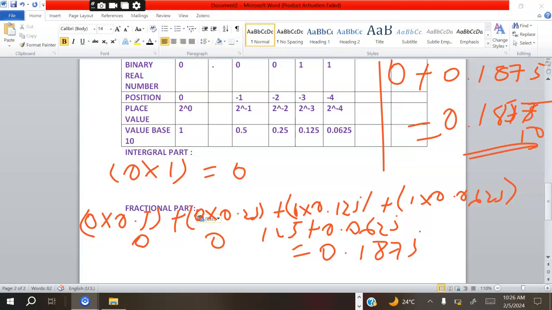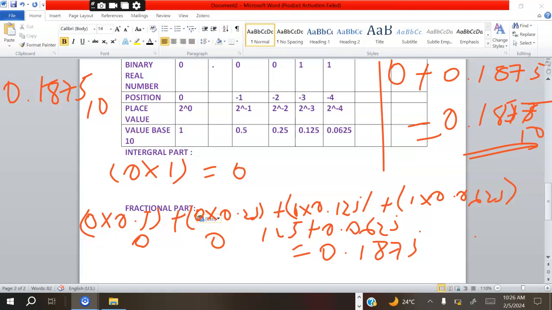So this is the final answer: 0.1875 base 10. That's the answer for this particular question.